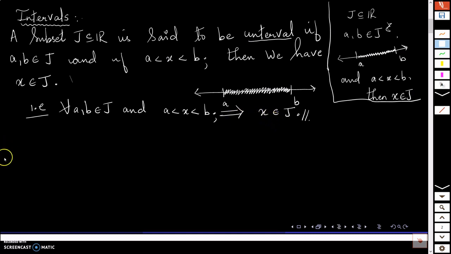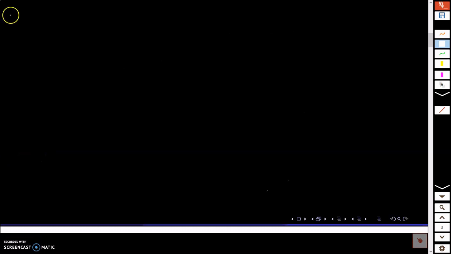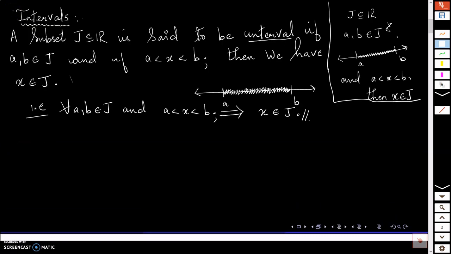Now there are different types of intervals. Basically, given any interval, you can classify it into 8 kinds. There are a total of 8 kinds of intervals. So let's discuss them one by one. The first one is, I'll put that as an example.